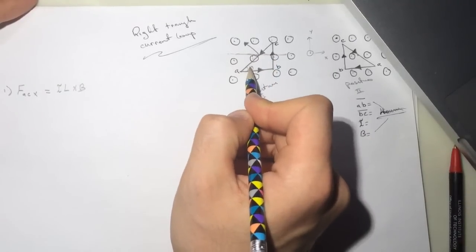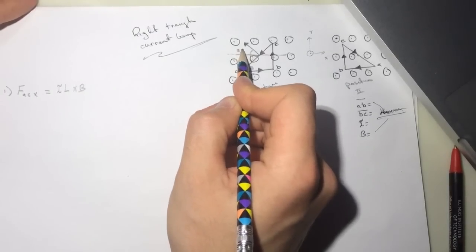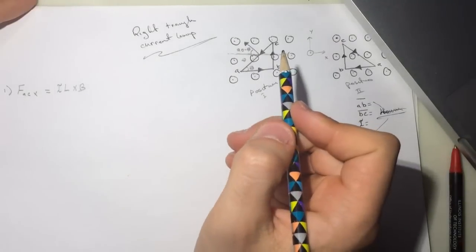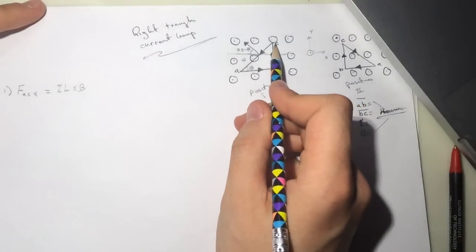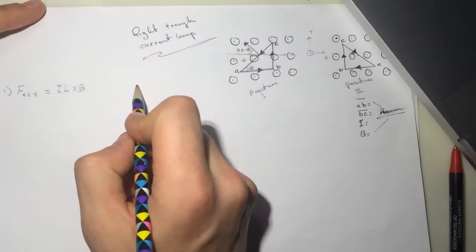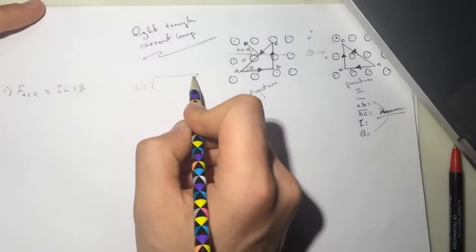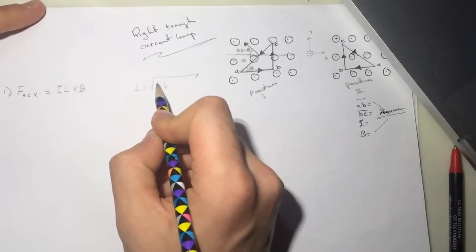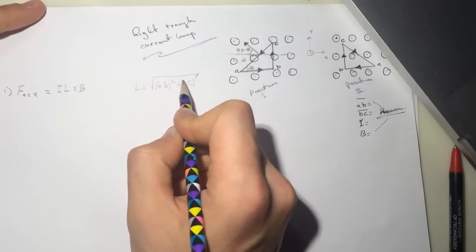So if this is theta, this is 90 minus theta. And the L here, we can find it from Pythagoras, because we have this length and that length. So L will be equal to the square root of AB squared plus BC squared.